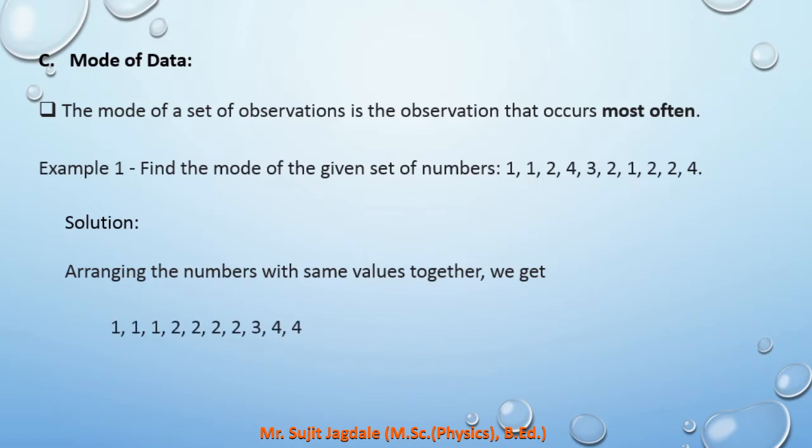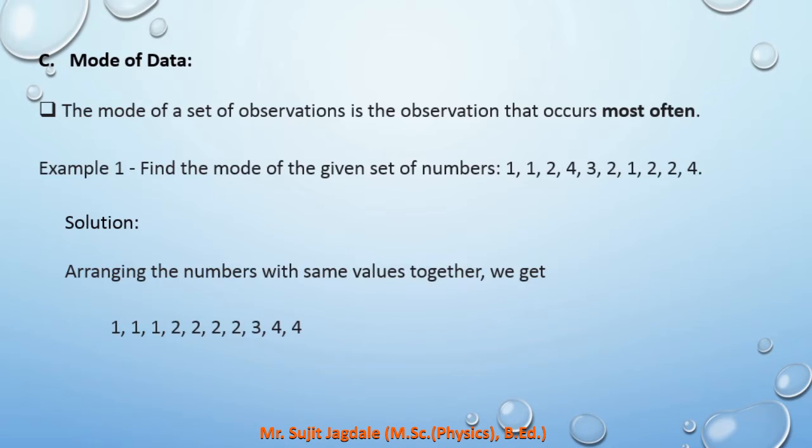So what is the arrangement now? 1 1 1, repeated 3 times, so we denote it 3 times. Then 2 2 2 2, given 4 times. After that, 3, only one time. Then the remaining number 4, which is repeated 2 times. So we just arrange the numbers with same values together.